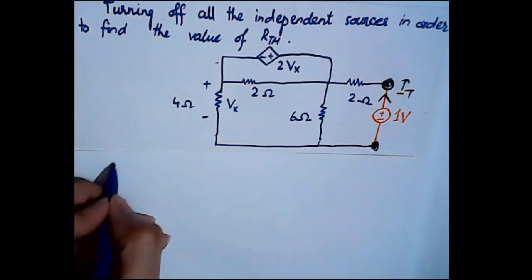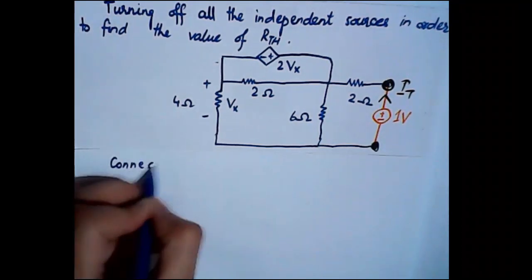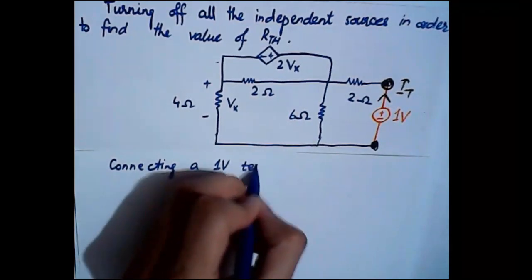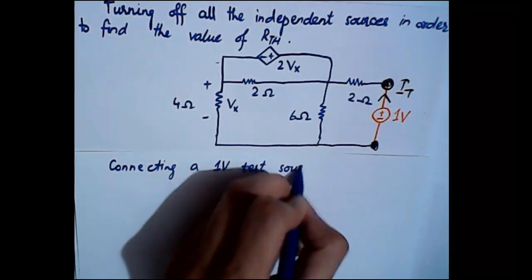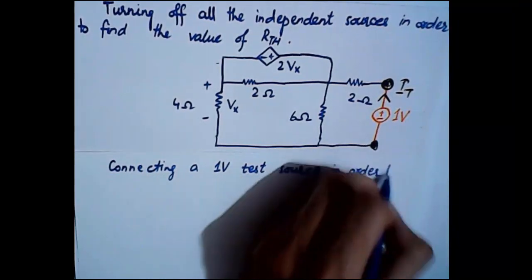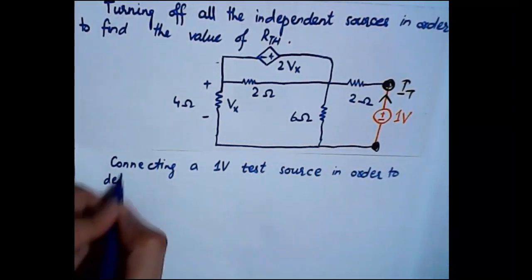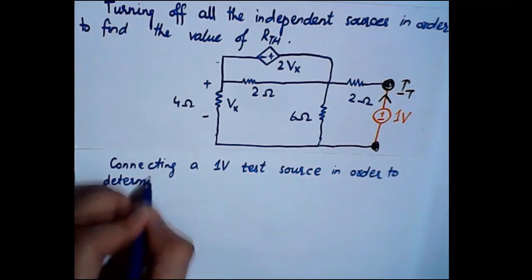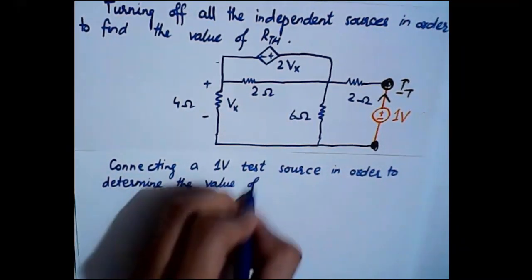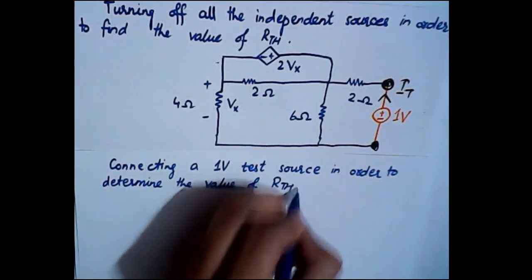Just write that connecting a 1 volt test source in order to determine the value of RThevenin.